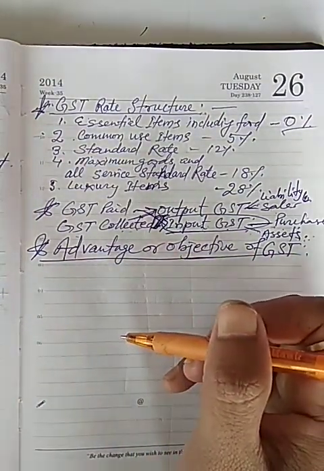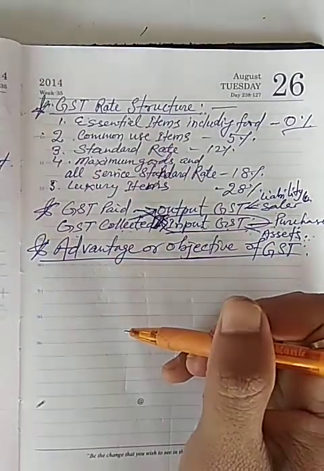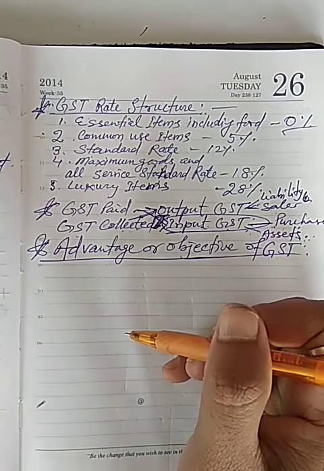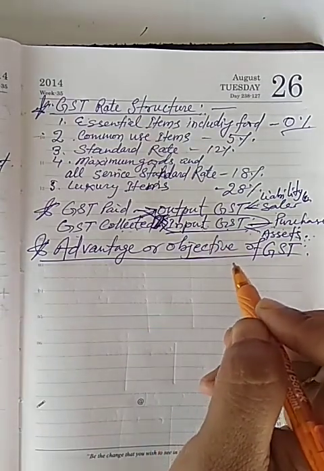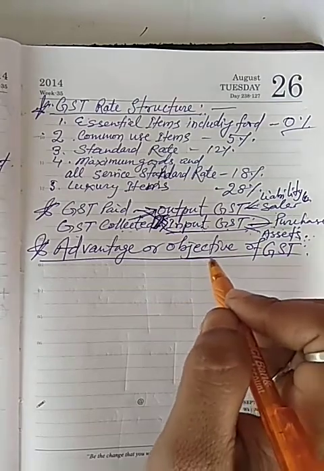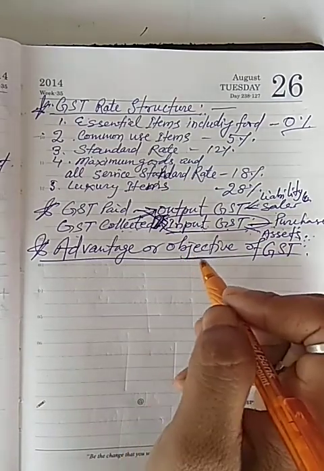The cost of goods will decrease since tax cascading is eliminated in the GST regime.